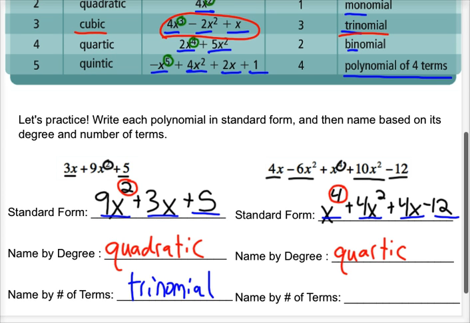Now, recall that doesn't get a special name. All we say when there's 4 is polynomial of 4 terms. The naming only goes up to the 3. Beyond that, we just say polynomial of 4 terms, 5 terms, 6 terms, so on and so forth.